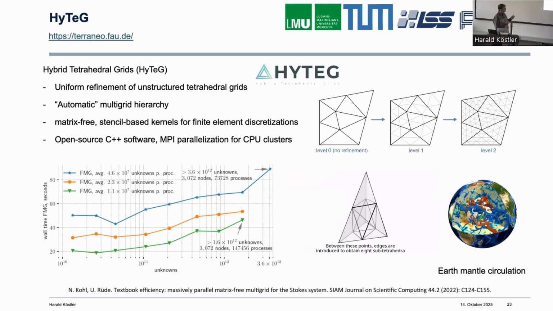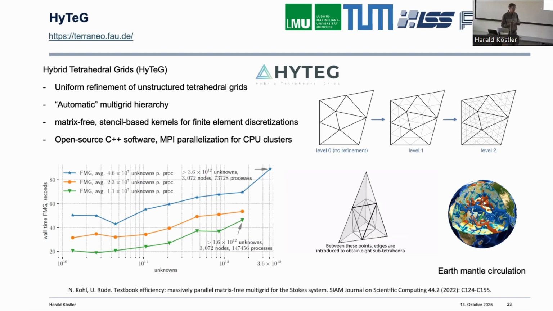And the specific thing is here that we use this kind of grids here, where we start with an unstructured grid of tetrahedra. And this we can then regularly refine.